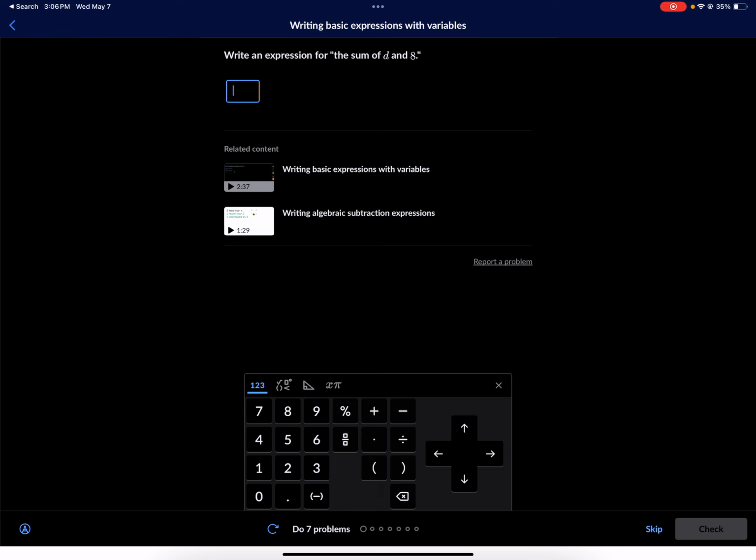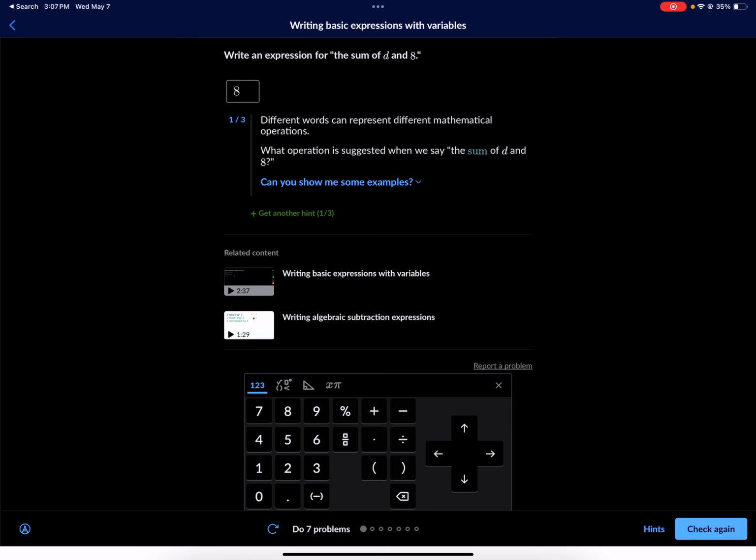Why isn't it letting me write d? Write an expression for the sum of. Okay, well, what? This thing better not. Oh, you've got to be kidding me.